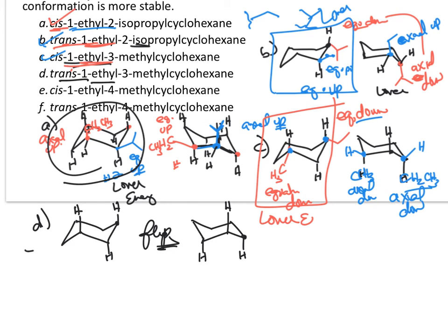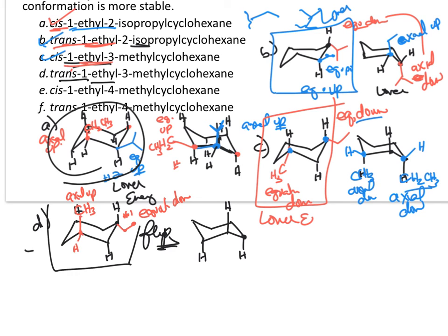And we're dealing with an ethyl and a methyl. So let's go ahead and put the ethyl in the equatorial position, and that's going to be carbon number 1. So then carbon number 3, it has to be on opposite sides. So carbon number 3 has to be axial up. This is equatorial down.